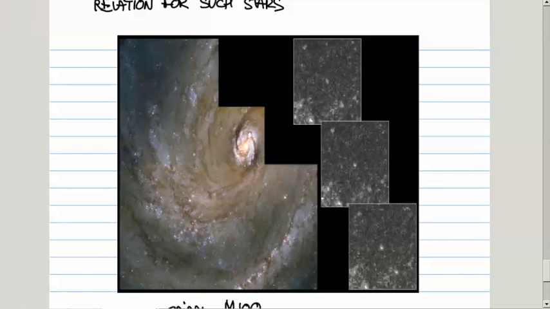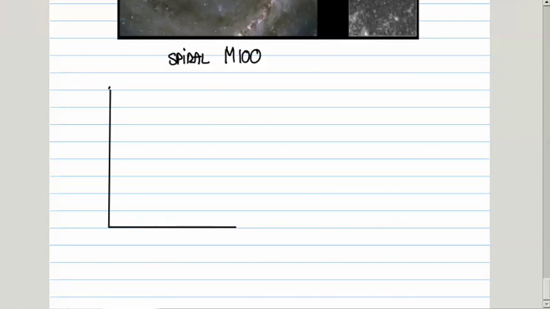Then you go to that luminosity period curve and read off the luminosity, and then from known luminosity you find out what the distance is. So here we have luminosity, here we have period, and the curve looks something like this.